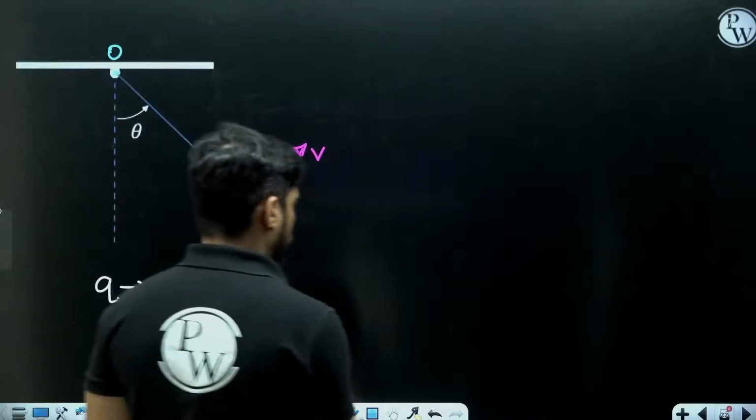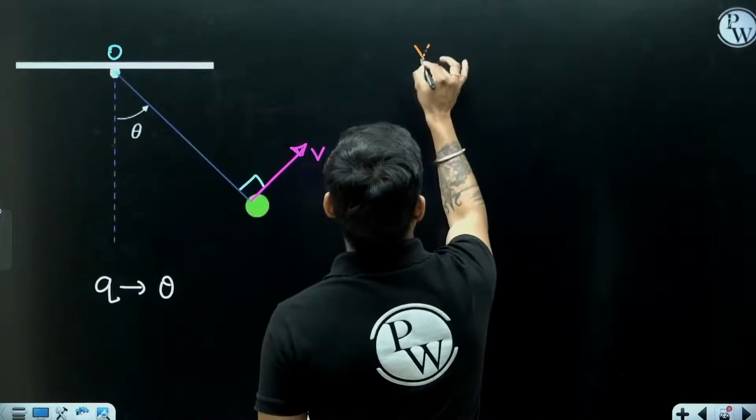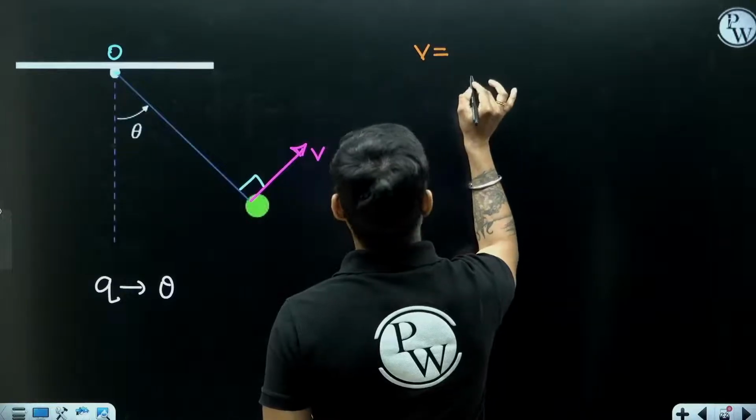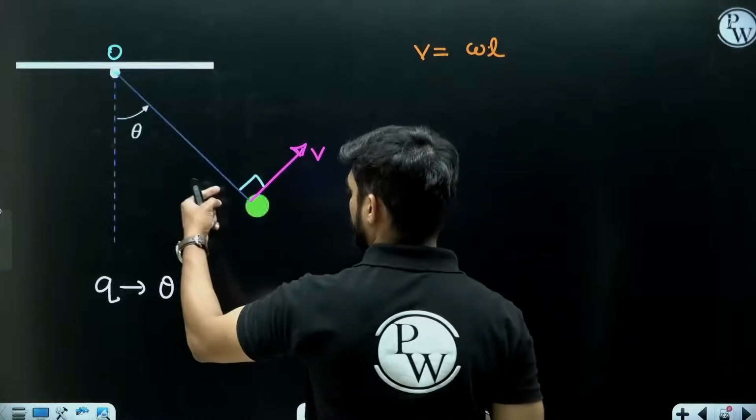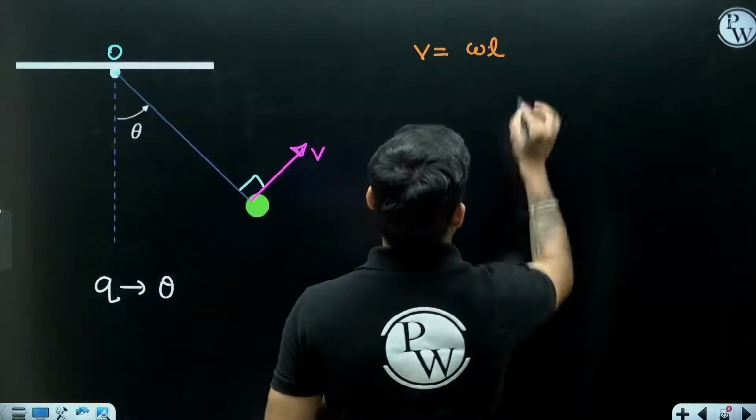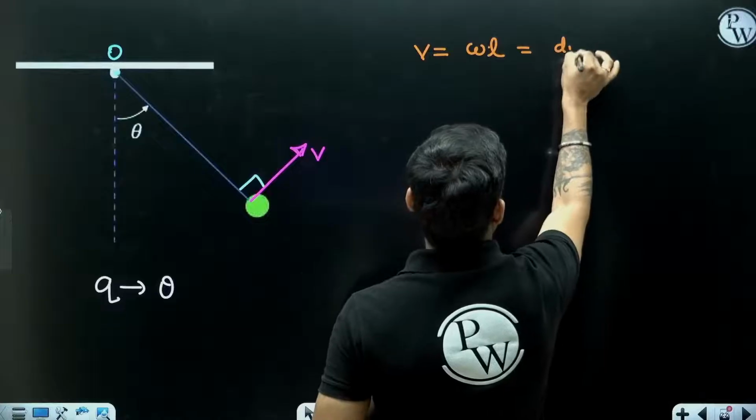So what will be the velocity v? V will be equal to omega into L. It's not R, it's L. And omega is d theta by dt.